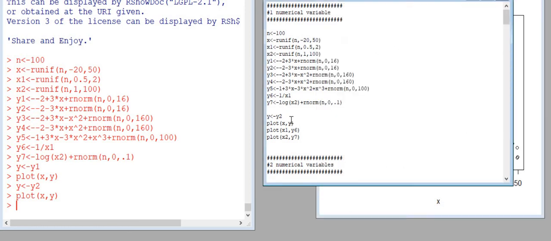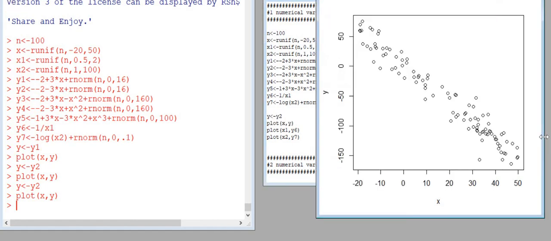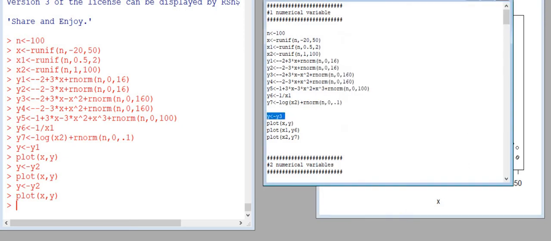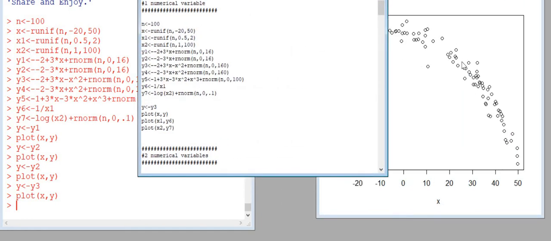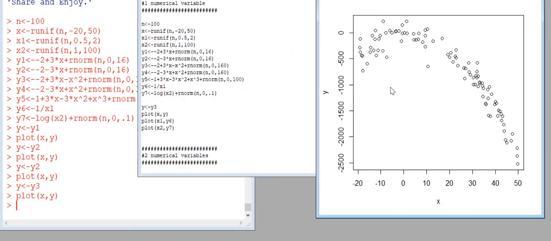Okay, so what if we have something like this? If you want to put in a straight line, it's okay, but it's really good just for this part of the data, while for this part it is not really fitting.